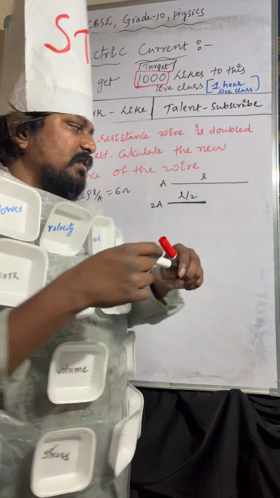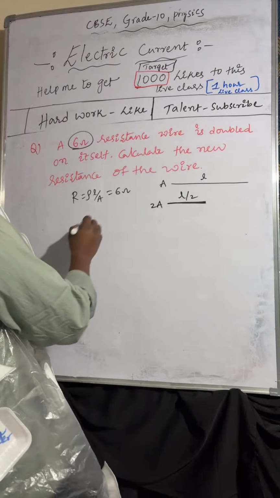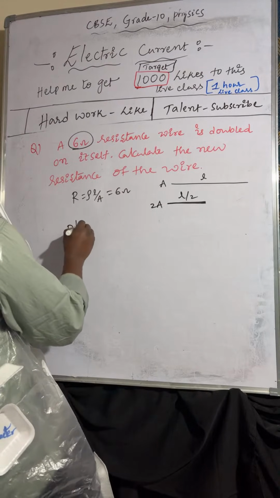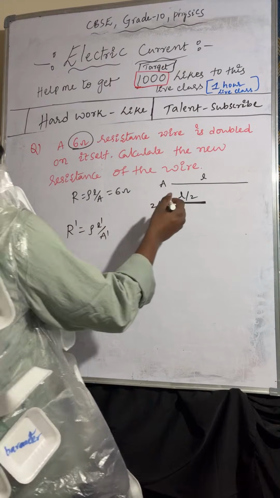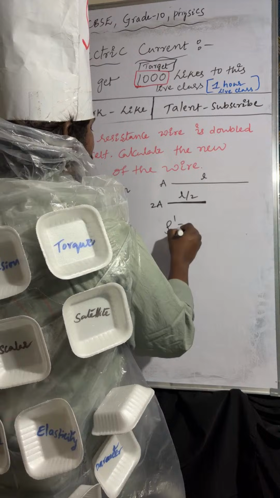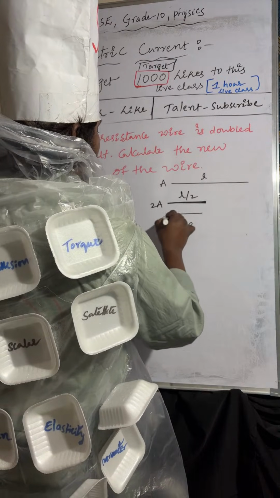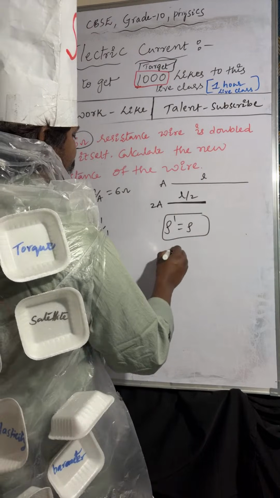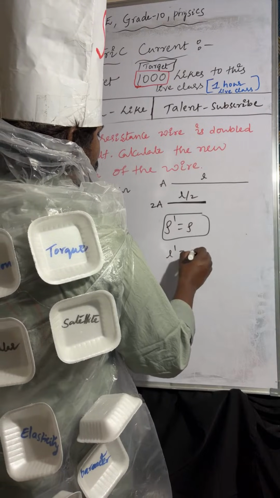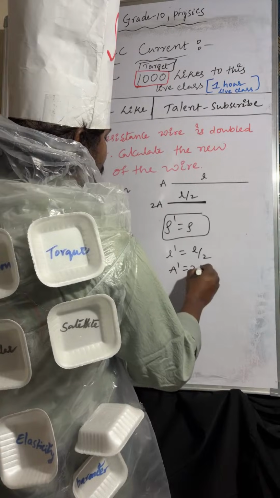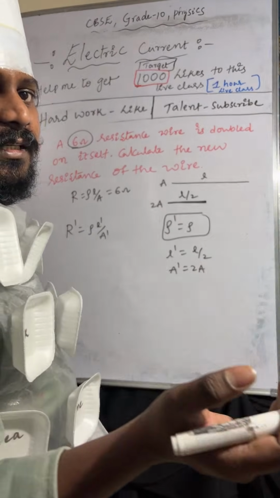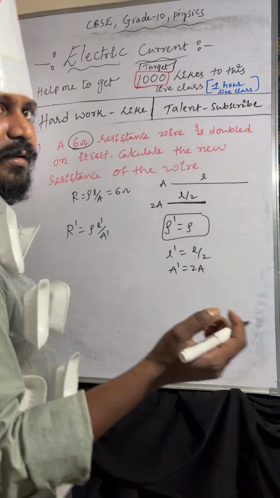So now R dash equals rho into L dash by A dash. Rho is not changing, but L dash equals L by 2 and A dash equals 2A.